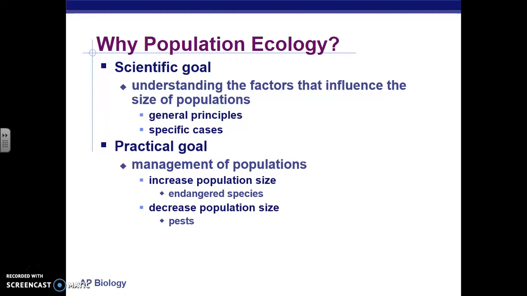It mostly affected Long Island, and the government enacted measures to control the growth and reproduction of these gypsy moth caterpillars. One of the things they did is they actually sprayed chemicals that killed them. But again, the goal of population ecology is to understand the factors that affect the growth of population size, and then in some cases either manipulate them to increase the population size or manipulate them to decrease it.